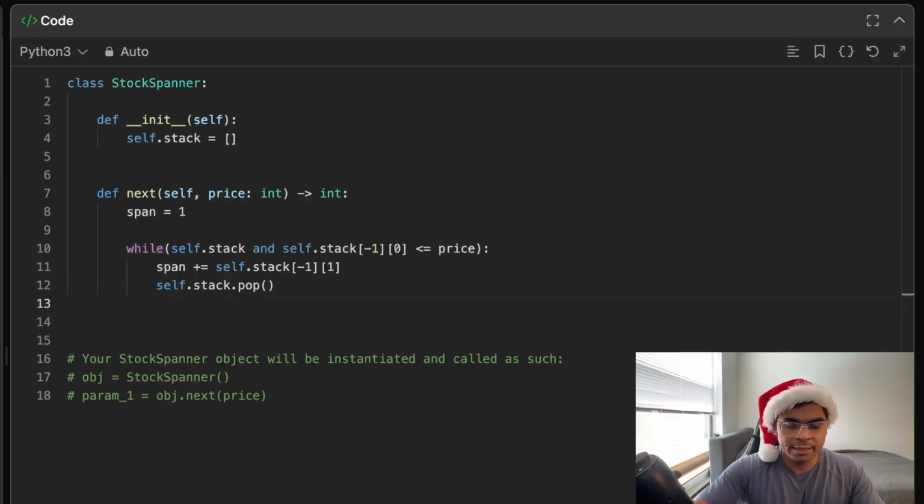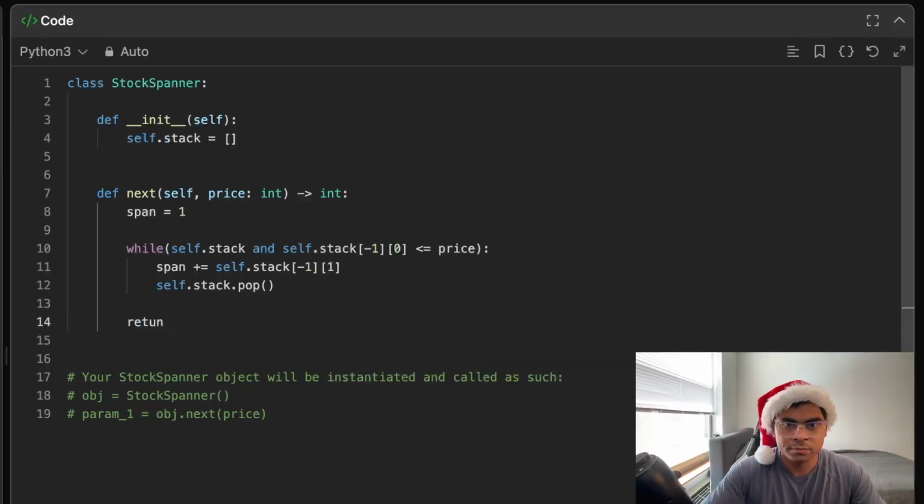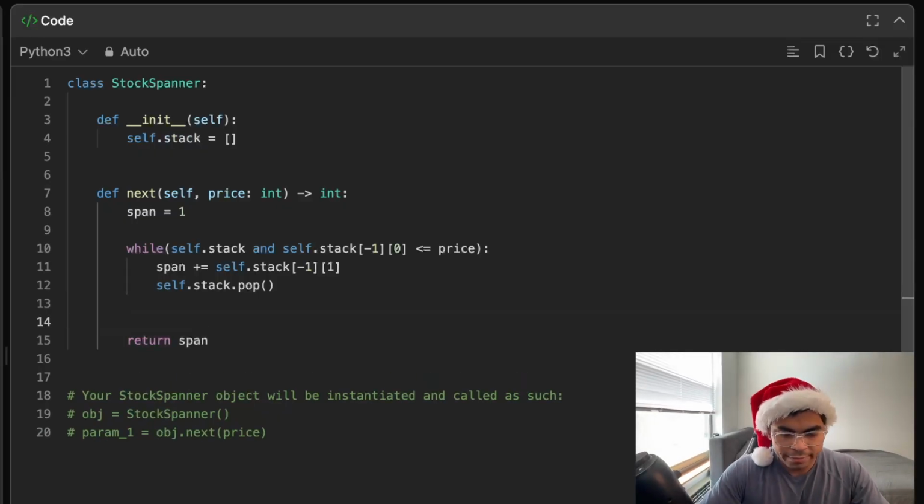And then finally I'll be returning the span, but before I return it, I want to save it to my stack for future prices that will be asked to me, okay, or asked to you guys. So I will have self.stack.append. What are we appending?